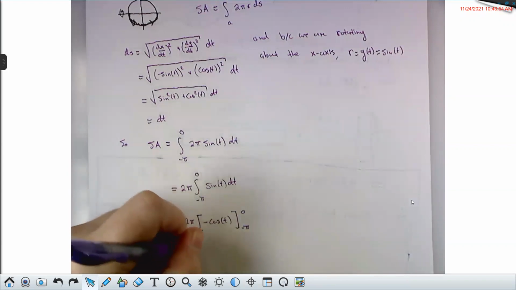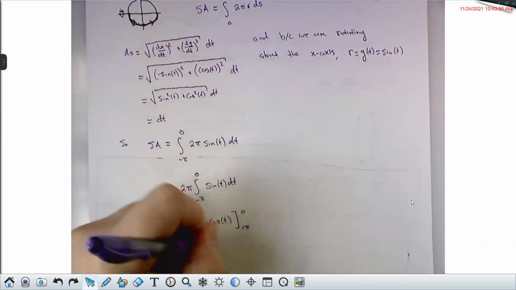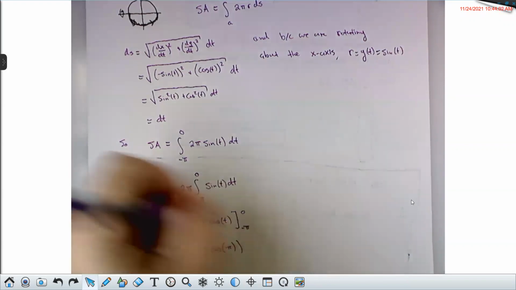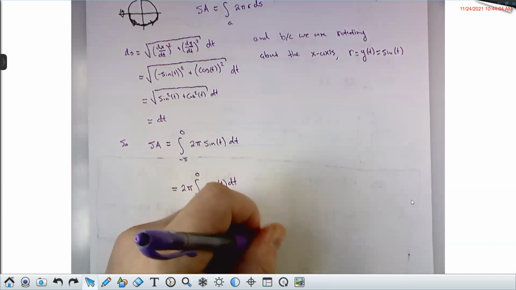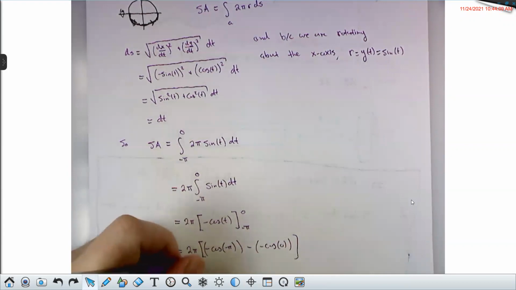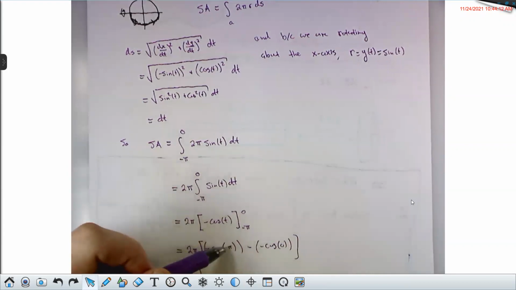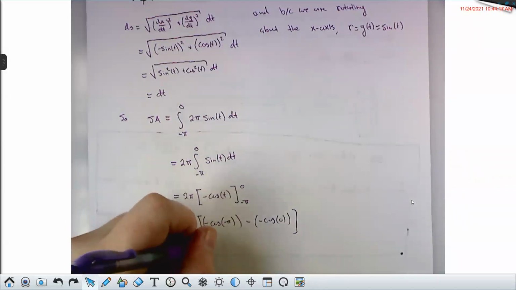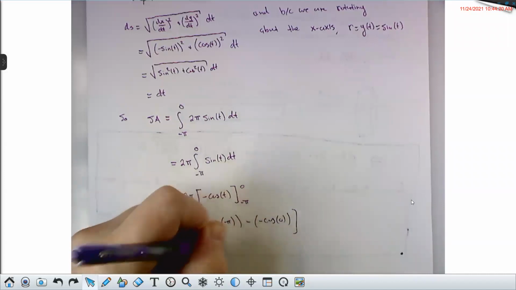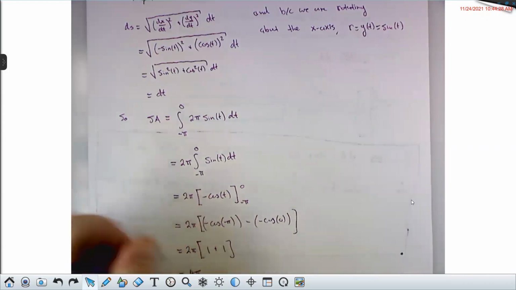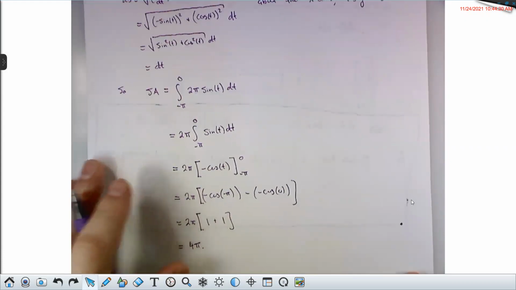This is 2 pi times negative cos of 0 minus negative cos of negative pi. Cosine of negative pi is the same as cosine of pi, which is negative 1. So negative negative 1 is 1. Minus minus makes plus, and cos of 0 is 1. So this is 2 pi times 2, or 4 pi. That's the surface area of the unit sphere.